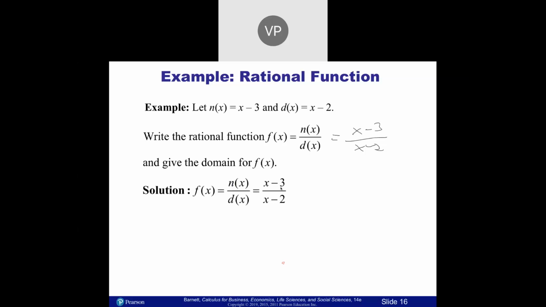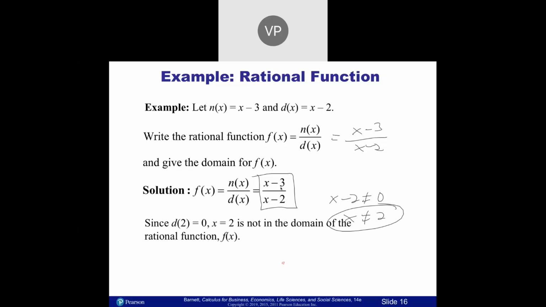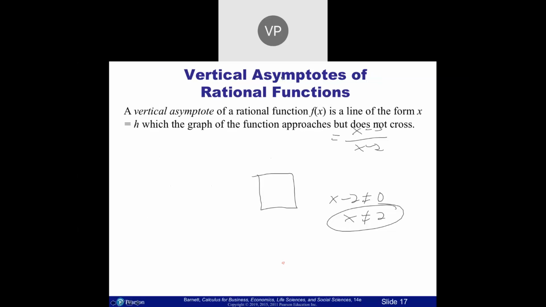So we want to write the rational function. There it is, this one right here. That is the function. And the domain, remember, you set everything on the bottom equal to 0. Just find the places where x will not work, and right there, that's your exception. So it's all real numbers except you cannot have 2. So your domain is going to be all real numbers other than x equals 2, the one thing that you cannot have.